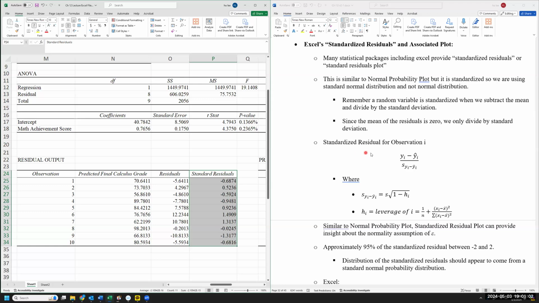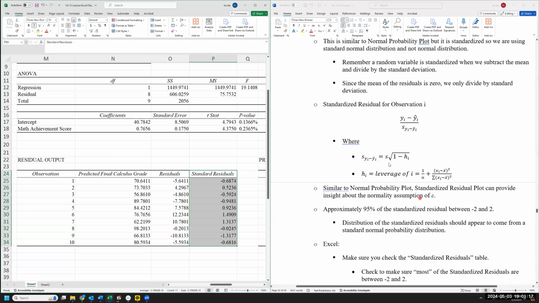Similarly, the standardized residual calculation is yi minus yi hat divided by s, the standard error, which is s of yi minus yi hat. Okay, standard error is s, the standard deviation, times the square root of 1 minus hi.